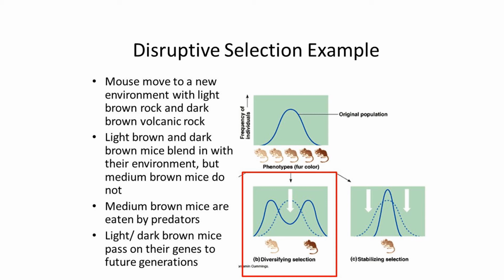As a result, the two extremes will be surviving, but the median population is not going to survive. This is what is disruptive selection, where the two extremes are getting favored, but the median individuals are not going to be selected by the organism. Hence, this is the basic theory of natural selection.